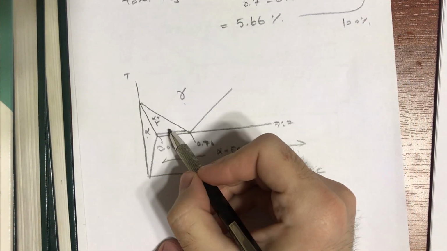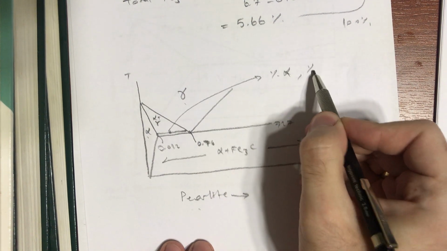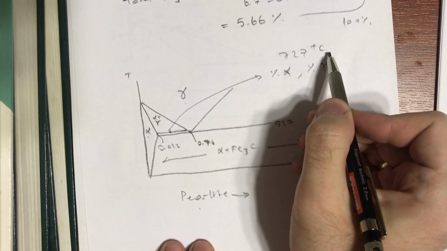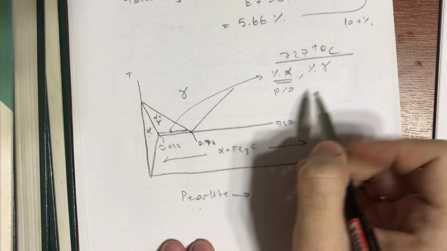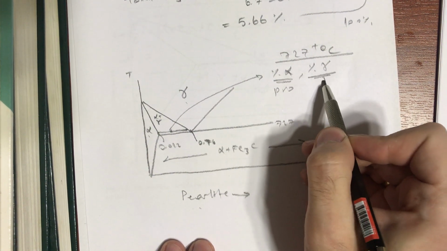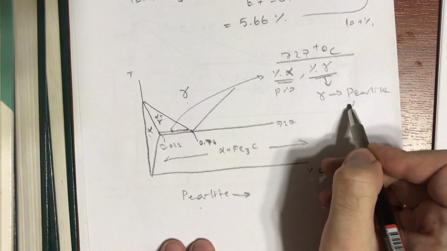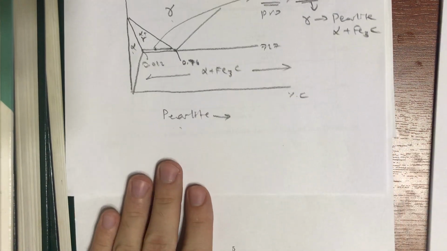So if you calculate the percent alpha and percent gamma here, just above 727, this is the proeutectoid alpha, and this austenite is going to transform into perlite, which is alpha plus cementite.